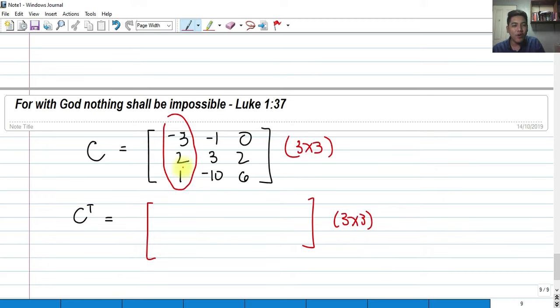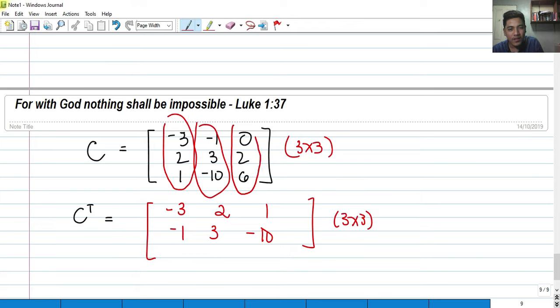So this column will now become rows. 2, 1, this is now the row. And this column will also become rows. So we have negative 1, 3, negative 10. And of course, this column will now become a row. 0, 2, 6. Such that this is our transpose matrix.